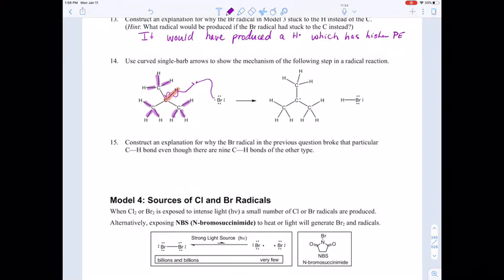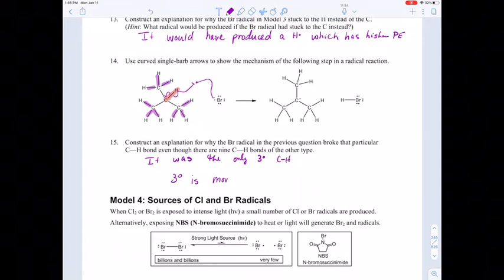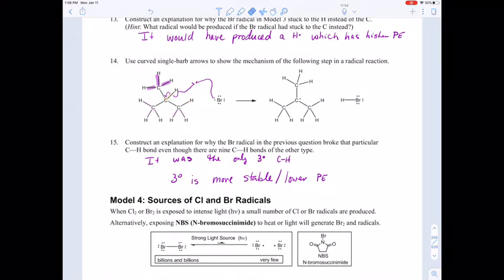Hit pause if you need some time to think, but the reason is it was the only tertiary carbon-hydrogen bond, the only tertiary carbon. A tertiary radical is more stable, with lower potential energy. That is why bromine chose it, just like it has a little mind.